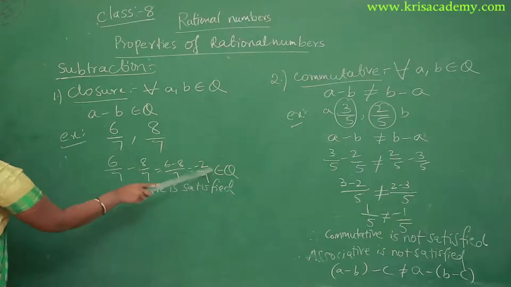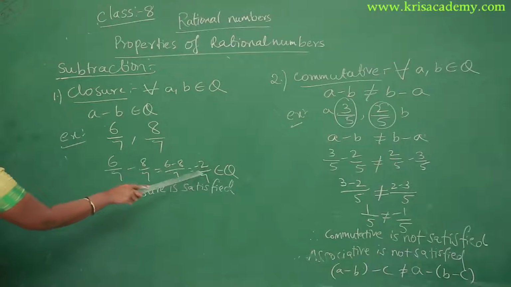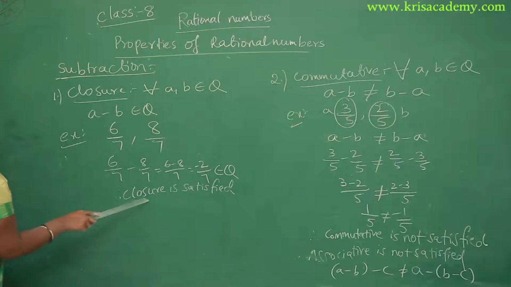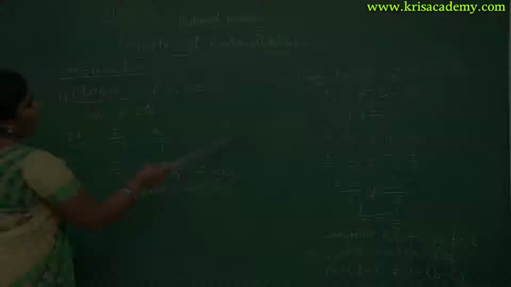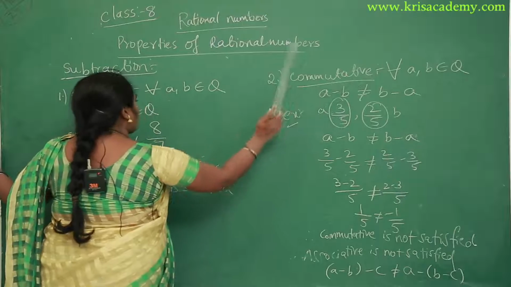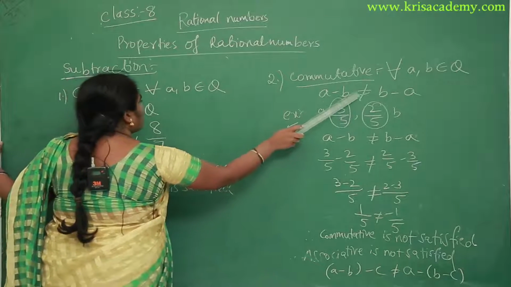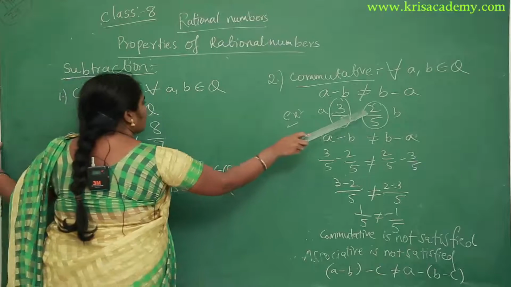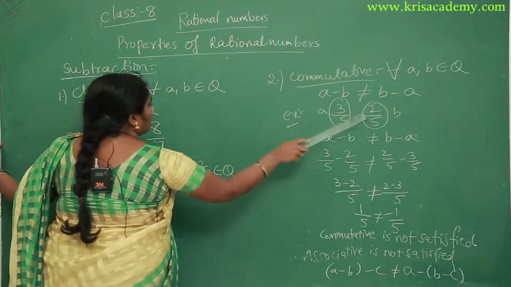We already know P by Q are coming from integers, so integers will have negative numbers also. So this belongs to rational numbers. Therefore closure is satisfied. Now come to the second property, commutative. For all A comma B belongs to Q, A minus B is not equal to B minus A. Now take A value as 3 by 5, B value as 2 by 5.